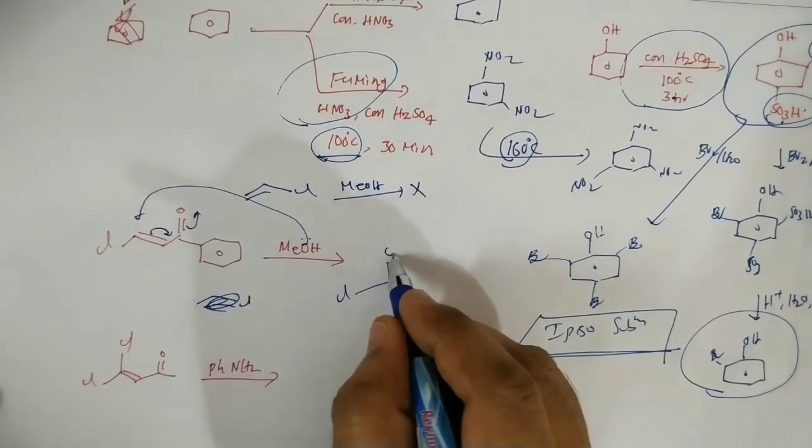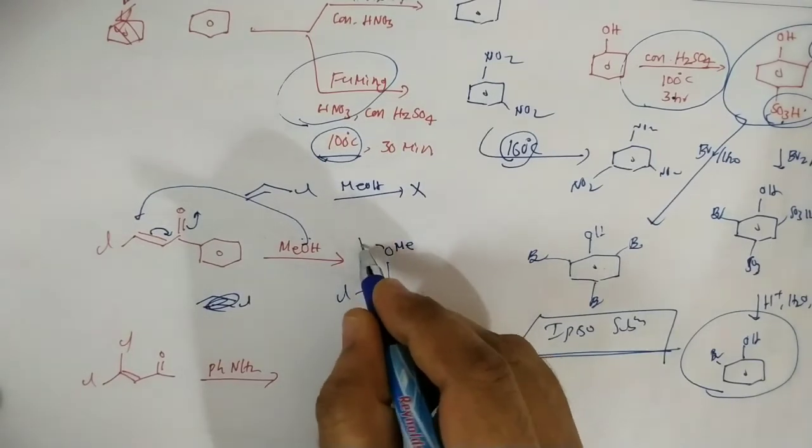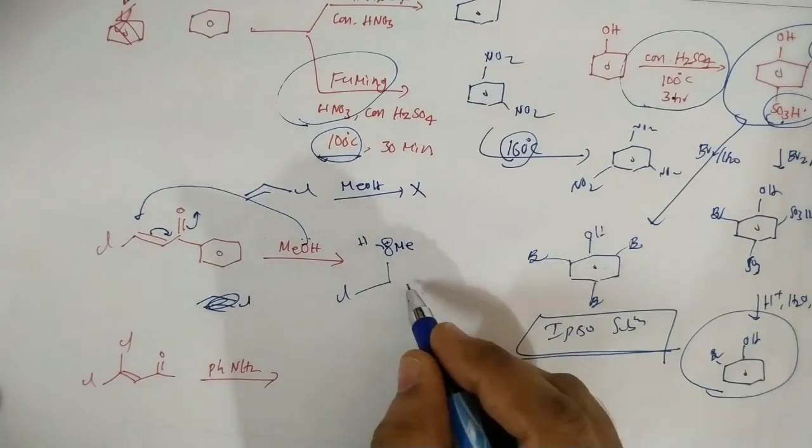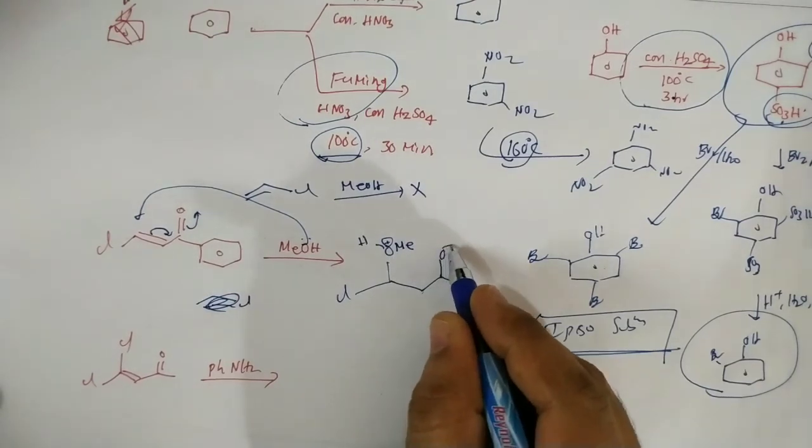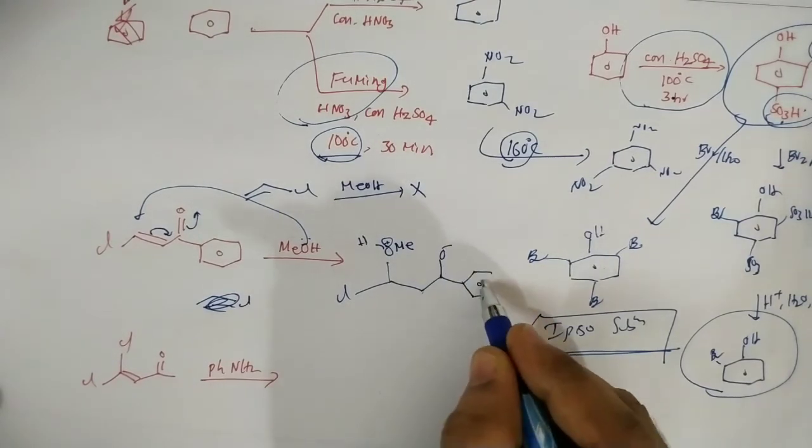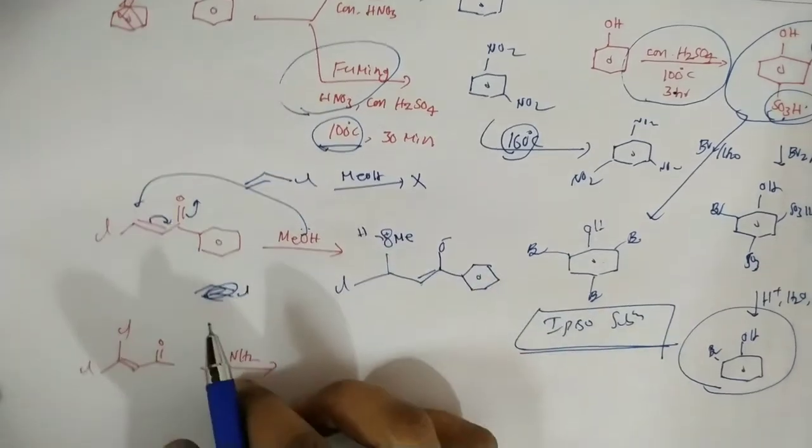So Cl here, in this case OMe and hydrogen, this one carries a positive. So here in the case O minus, so here pi bond.